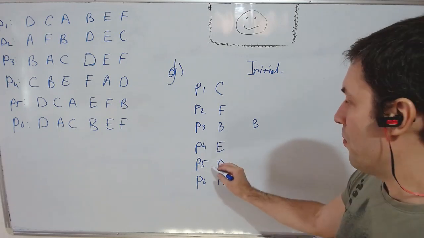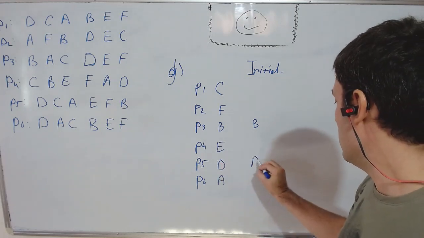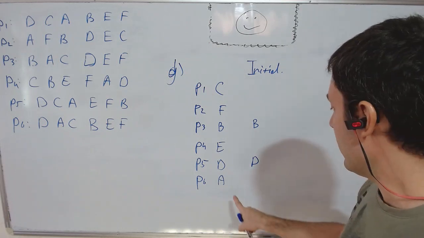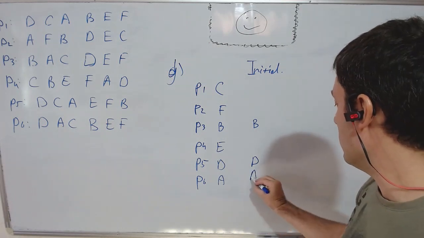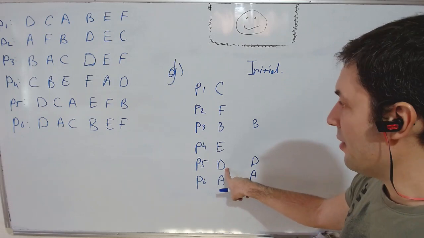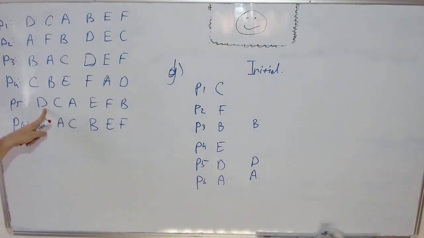So we can put P5 into D. Notice that I can put P6 into A easily because if we give P5 house D, he won't trade with anyone, so he will just grab it. The cycle will just go from him back to his house.